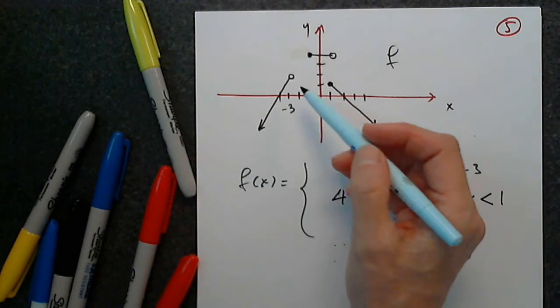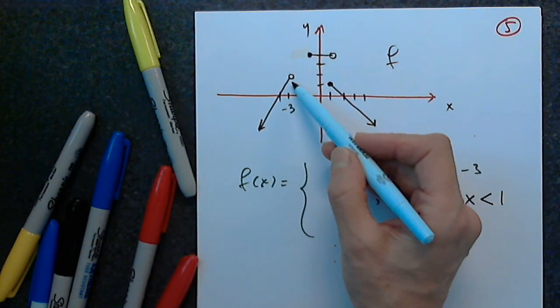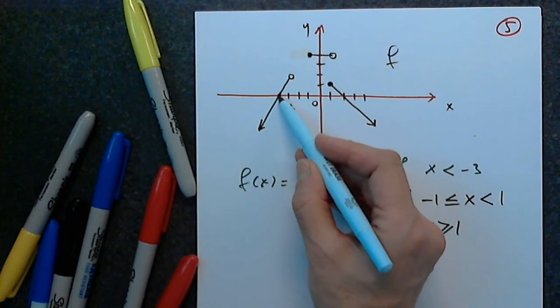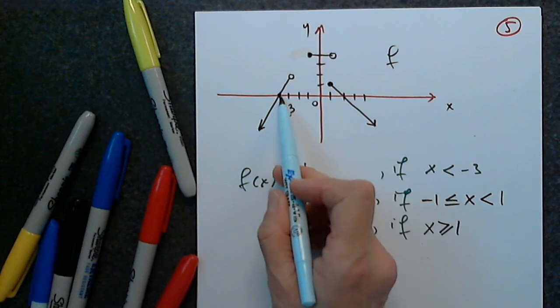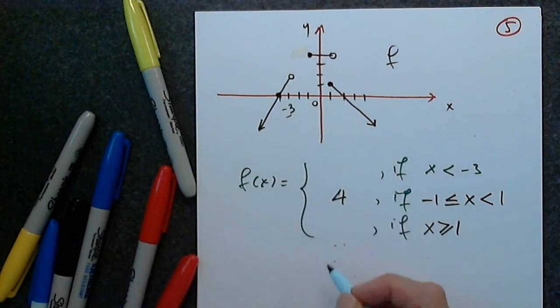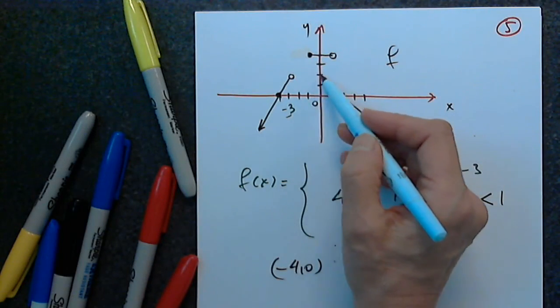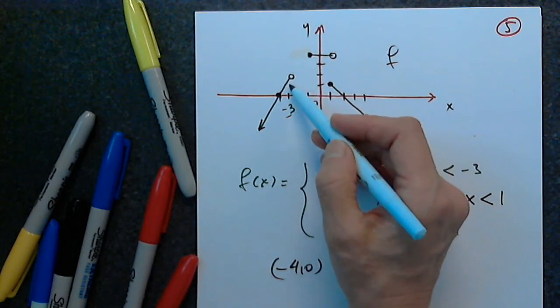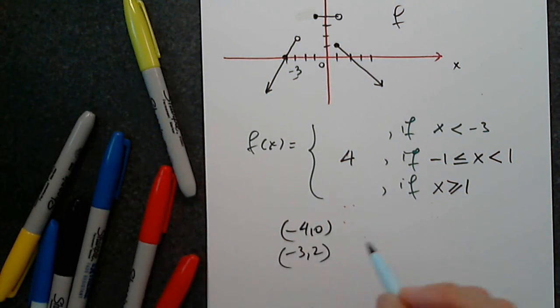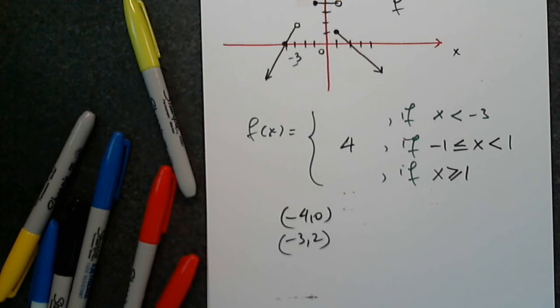So now, this is very good because this is what I'm going to do in 2.3 and 2.4. Obviously, this is a linear function, right? So this is definitely a point that is very clear to identify, right? -4, 0. And this is also a very clear point, which is -3, comma. So I need to determine the equation of this line. I do have 2 points. This is a line segment, a function that is a linear function. How do I determine the equation?